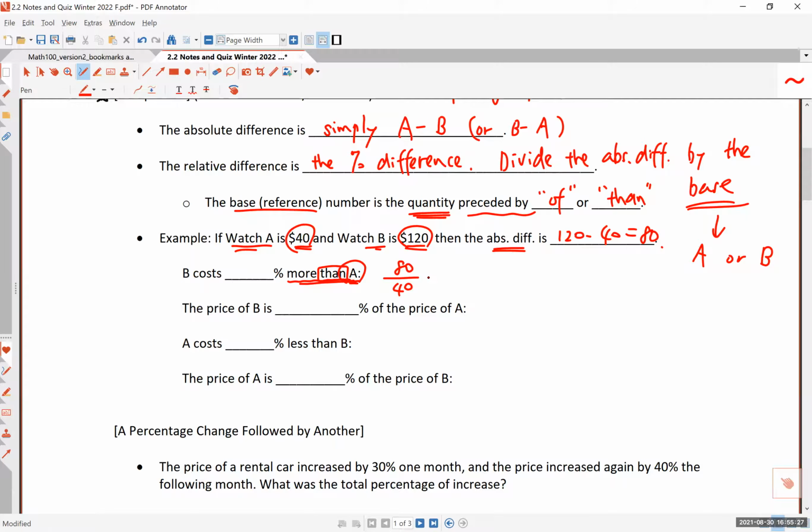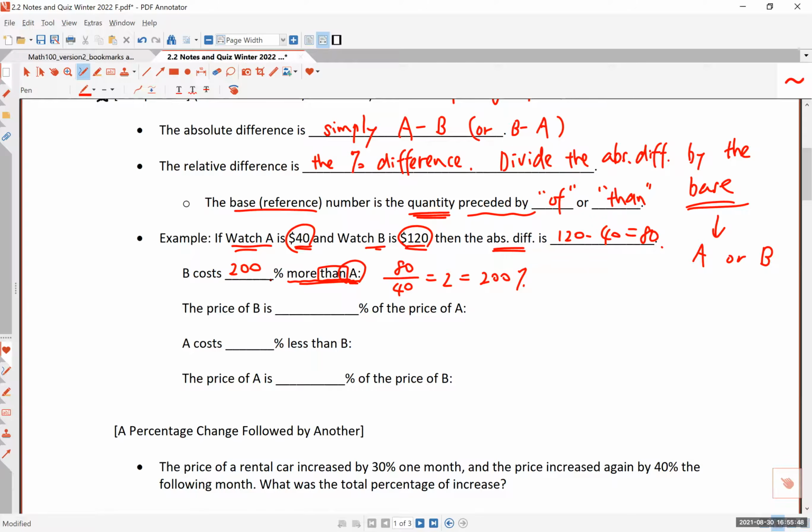So 80 divided by 40 is 2, which represents 200%. So you can say watch B costs 200% more than A. After all, the difference is 80, and the price of watch A is 40, which is used as the reference number here, right? So the answer here is 200%.